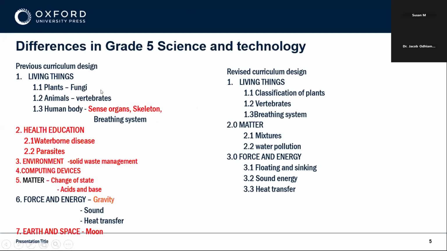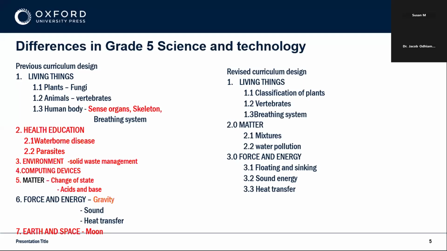Yes, in this slide, you can now see the content areas in grade 5, science and technology, the old one and the revised one. In the old one, you can see very quickly that we had 5 strands: living things, health education, environment, computing devices, matter, force and energy, earth and space.